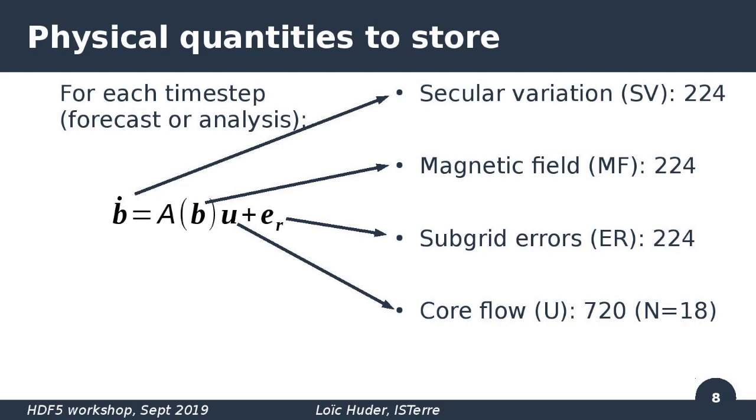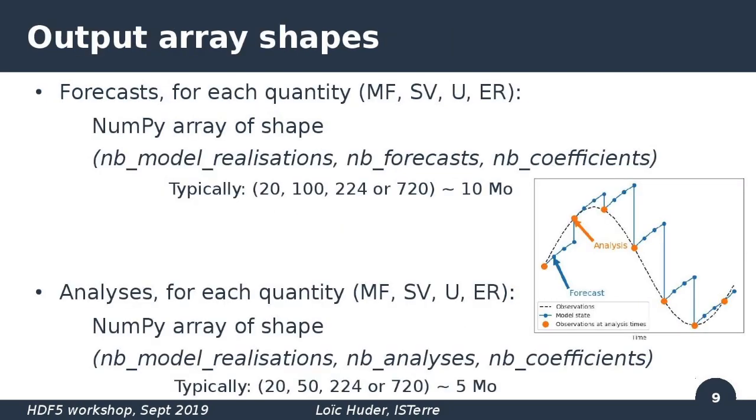Again, I stress that for each time step, meaning each point in time being a forecast and an analysis, we need to consider all these coefficients. This is exactly what I show here. The outputs are reshaped for the forecast for each quantity. We have a numpy array of shape number of time steps, number of coefficients, and also, because we are using a stochastic model, we need to run the data assimilation scheme several times to be able to evaluate the dispersion.